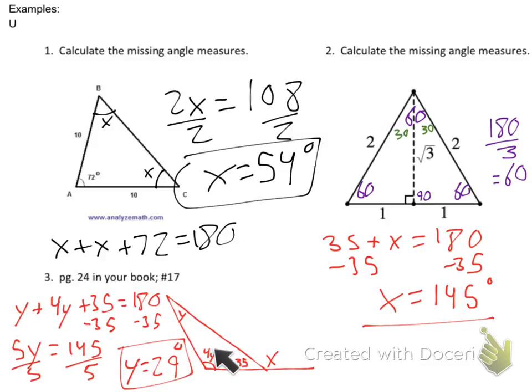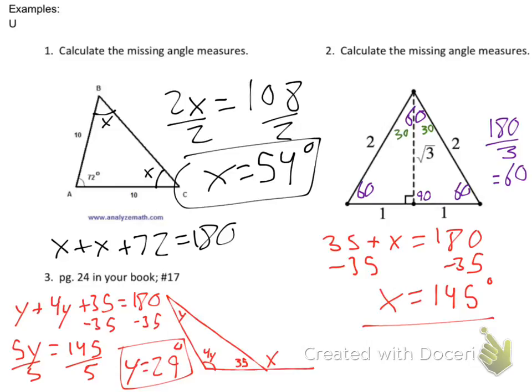Guys, when we are dealing with this type of problem, the two other angles that are not directly associated with the angle on the outside are actually the same size as the angle on the outside. So the y and 4y is the same as x. They always will be. Doesn't matter what size triangle you have.